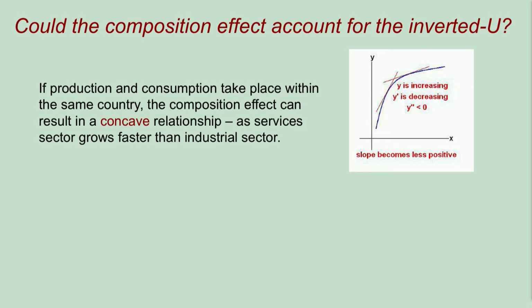Well, that kind of depends on what's going on not only in the country, but in its relationships with the rest of the world. If production and consumption all take place in the same country, in what economists call a closed economy model of the world, the composition effect could lead to diminishing pollution per unit output as the service sector ultimately grows in relative importance, but you'd still be producing that pollution from industry.